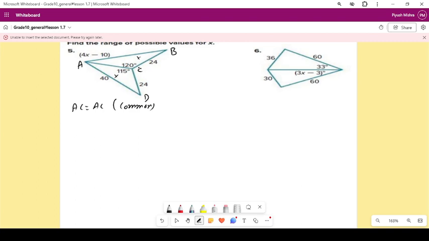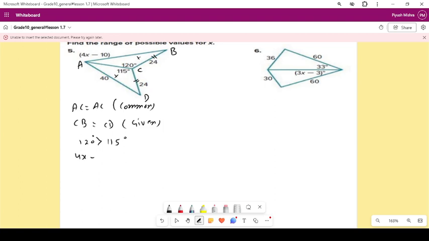Second thing, it is written CB is equal to CD. It is given. And the third thing being given is that 120 is greater than 115, because a greater angle will have a greater side.